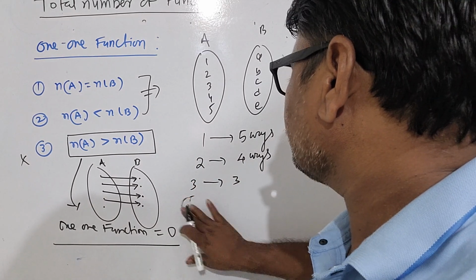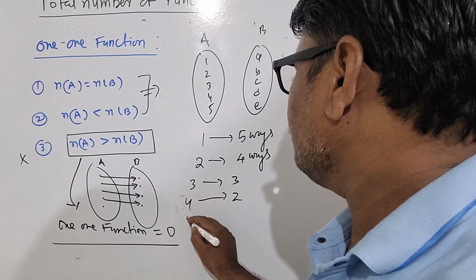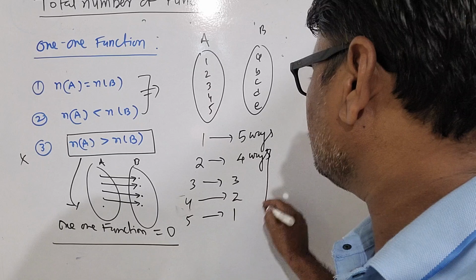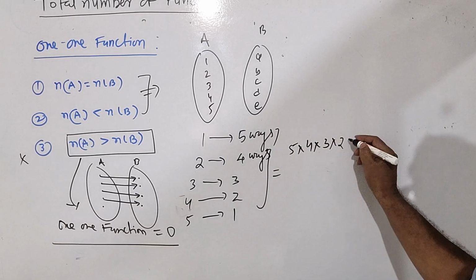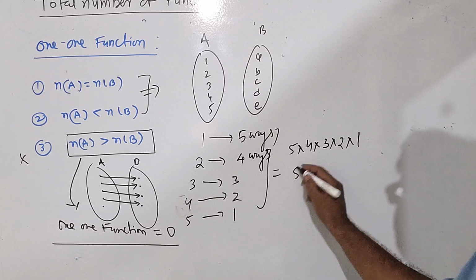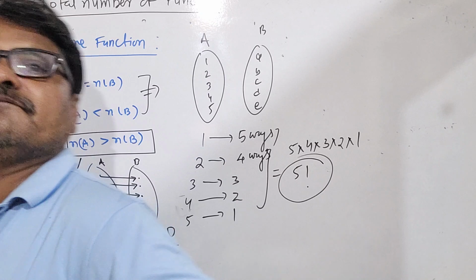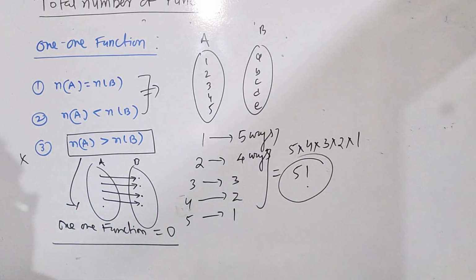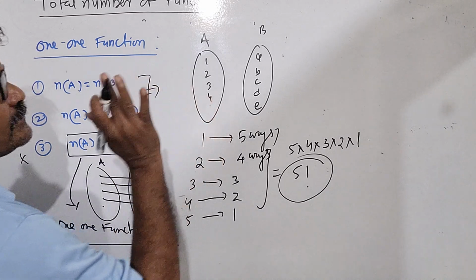4 has 2 choices and 5 has 1 choice. The total is 5 into 4 into 3 into 2 into 1. That is 5 factorial. So 5 factorial is the total number of one-one functions. Clear? When n(A) equal to n(B). And suppose that n(A) is less than n(B), this is the case.